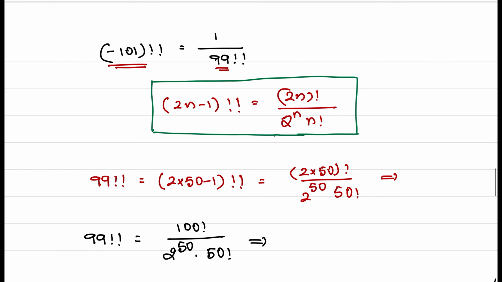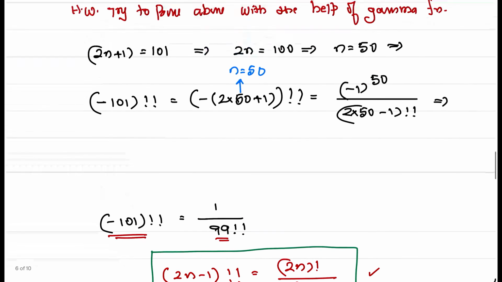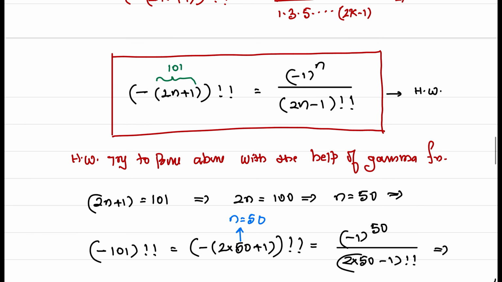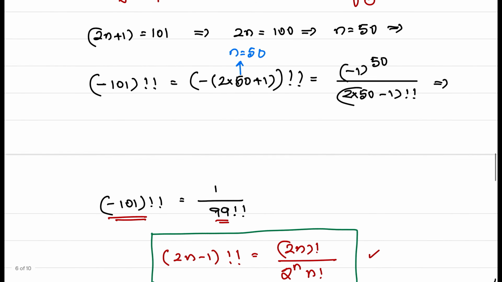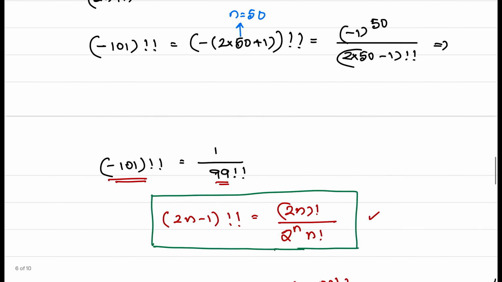And this is how we have to arrive at the double factorial value. This is the double factorial of 2n minus 1, for positive values. Then for negative values, we have to use minus (2n plus 1) double factorial is equal to minus 1 to the power of n divided by (2n minus 1) double factorial. This (2n minus 1) double factorial we will get from here. Did you understand?